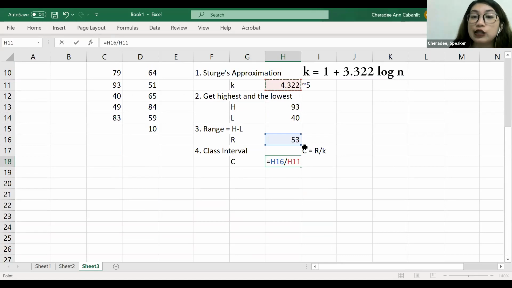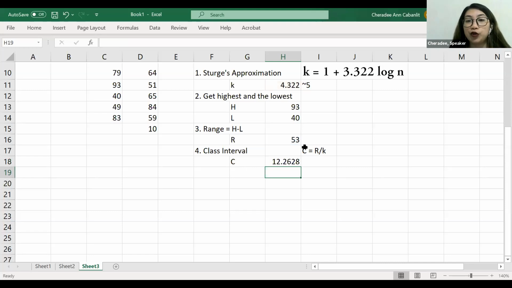The safer one is to use the original number, 4.322. So you will come up with 12.2628. In that case, you round up, so the class size is 13.